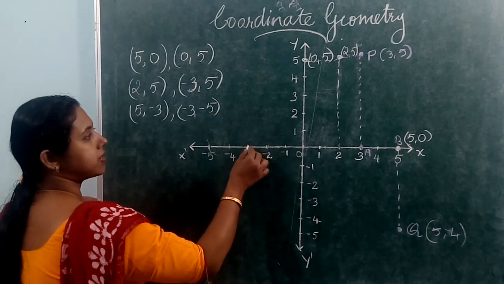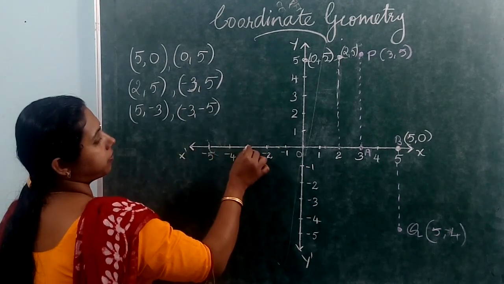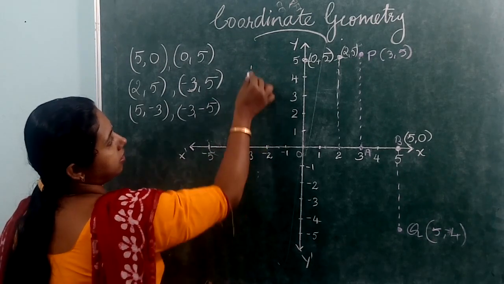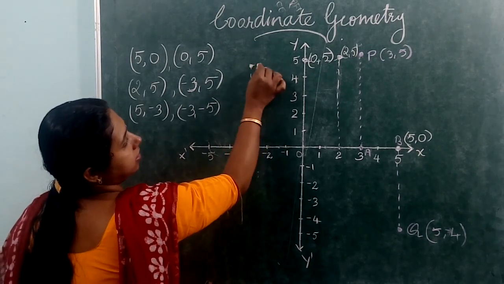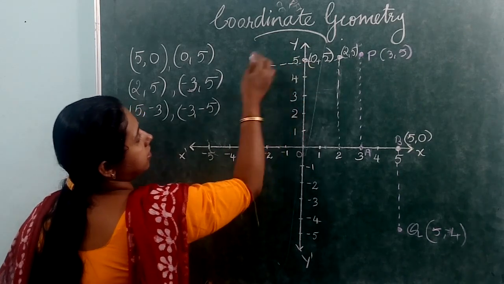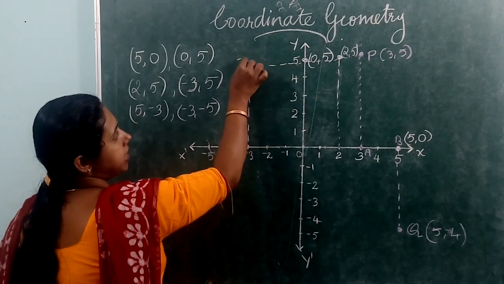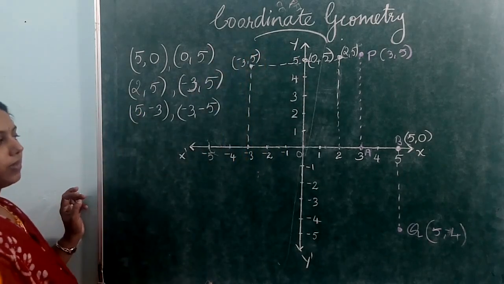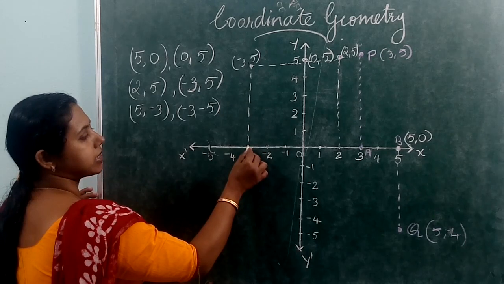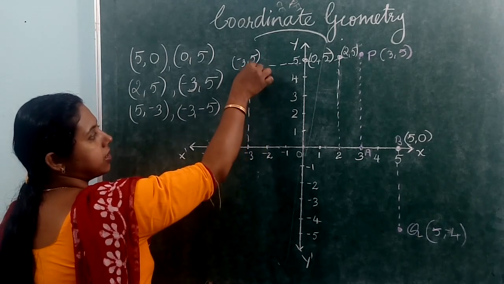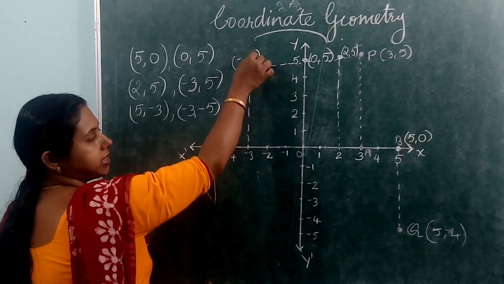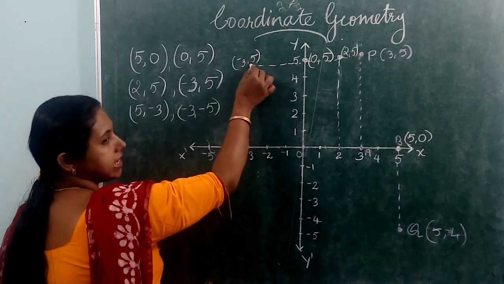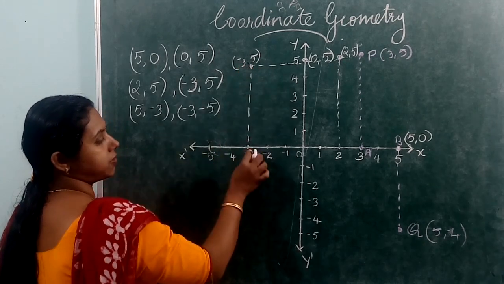So minus 3, 5. So this is the point minus 3, 5. Distance from x-axis to the point is 5 units, that is the y coordinate. Distance from y-axis to the point is the x coordinate, that is minus 3.